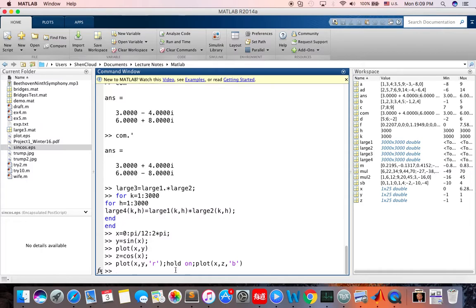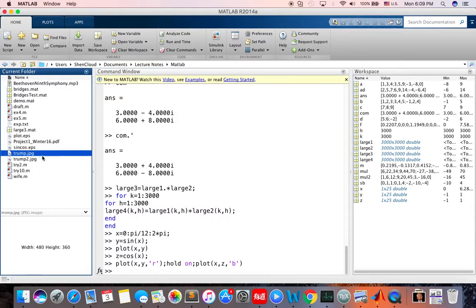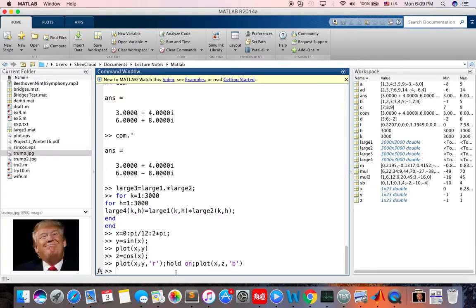Now we can use some image operations of Matlab, so it can do some interesting image processing tasks. For example, we want to load the image trump.jpg in this folder.